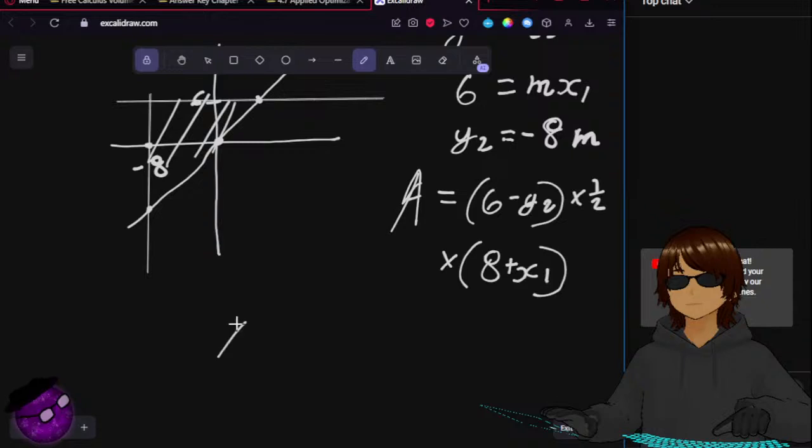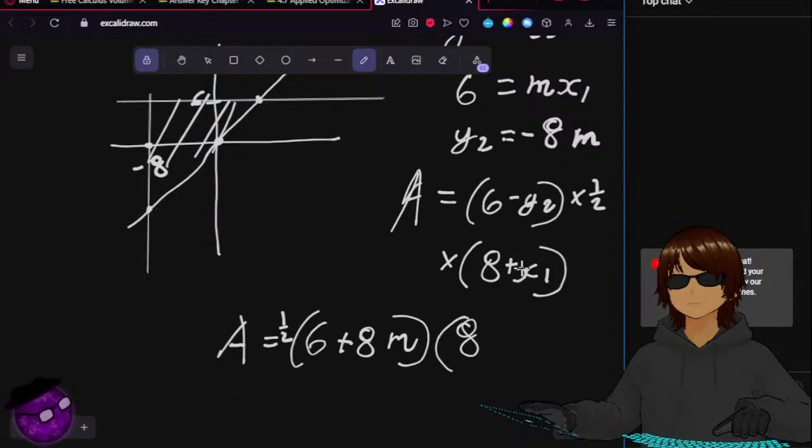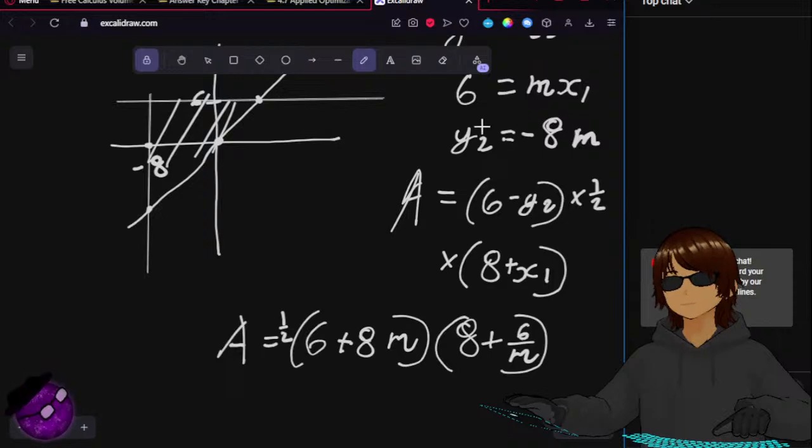And in other words, area should be half times 6 plus 8m and then 8 plus 6 over m, like that.